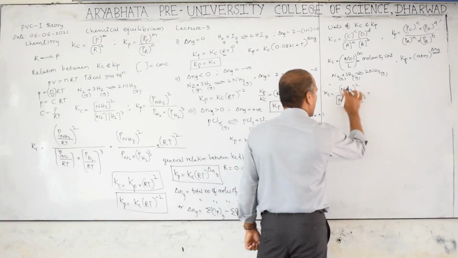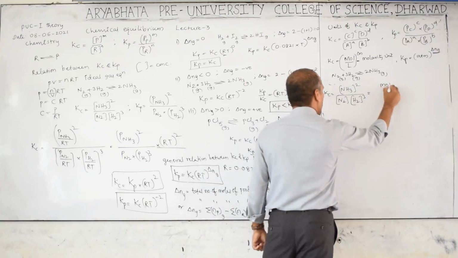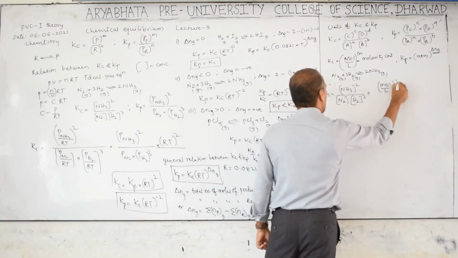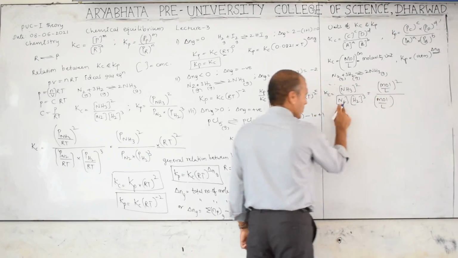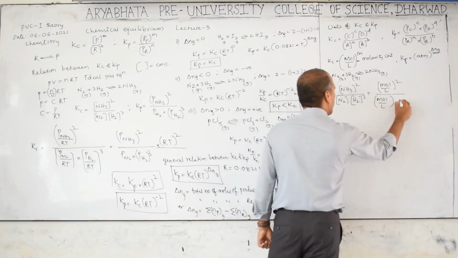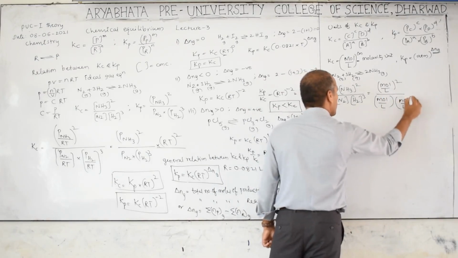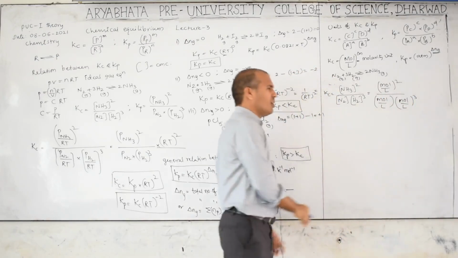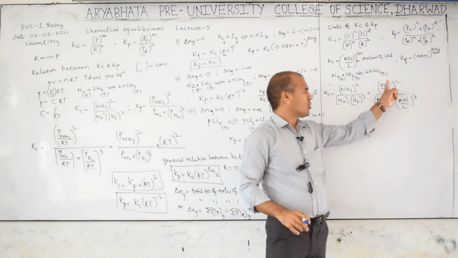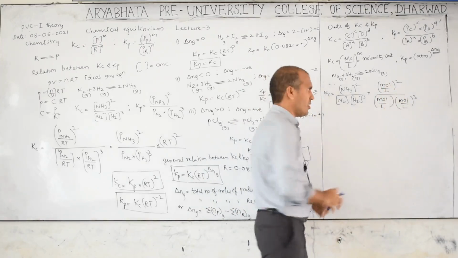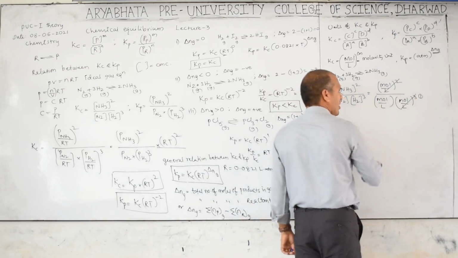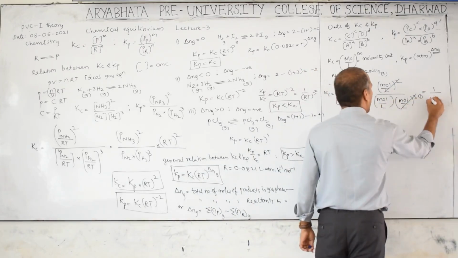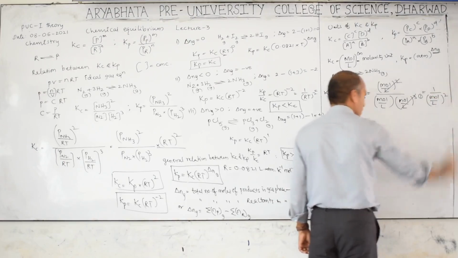Now for concentration, mole per liter whole square over mole per liter whole cube. Here 2 times, here 3 times; then 2 times cancel, 1 time is left. Totally this is 1 by mole per liter whole square.